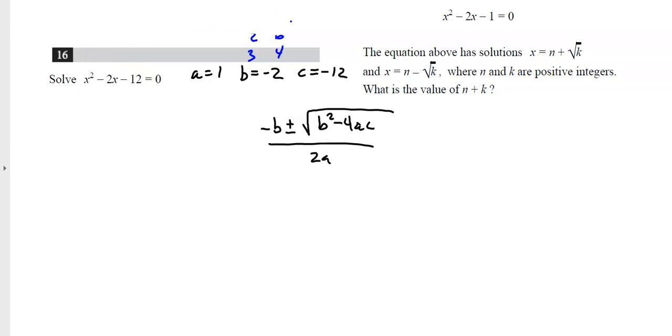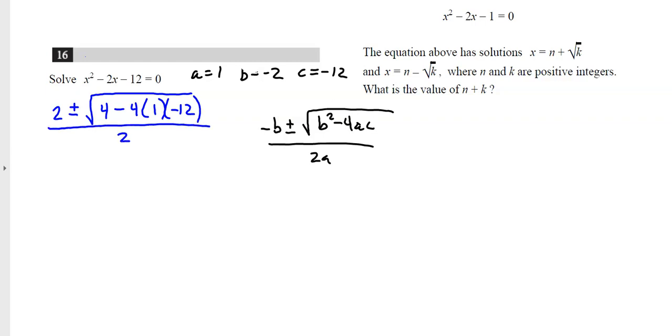So I'm going to get rid of this factoring stuff because we don't need it. So let's put our numbers in and let's see what we got. Well, negative b, or opposite of b, so that's positive 2. B squared, negative 2 times itself, 4. Subtract 4 times a times c, all over 2 times a.